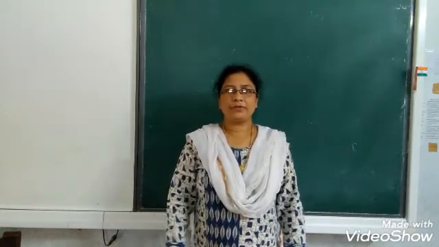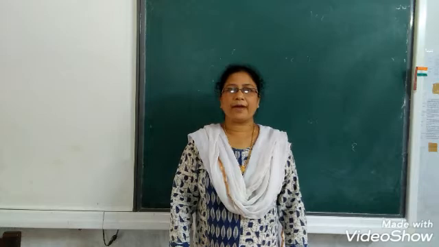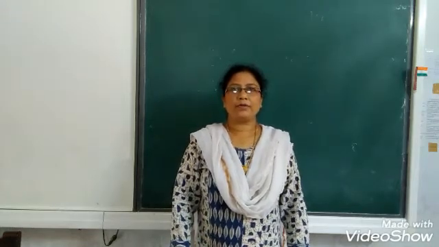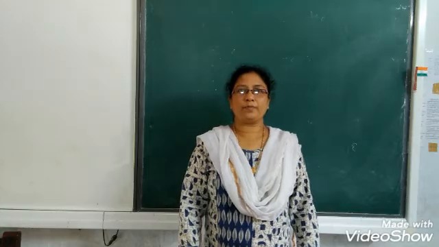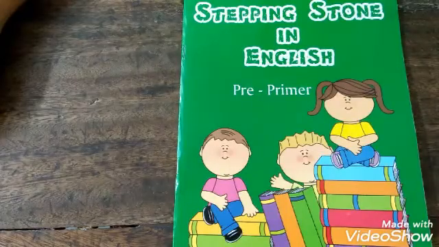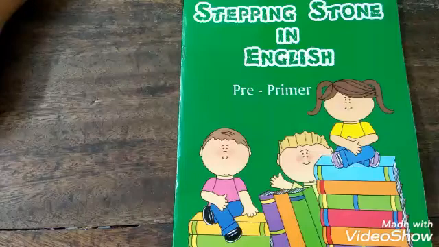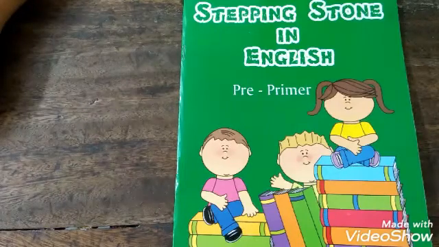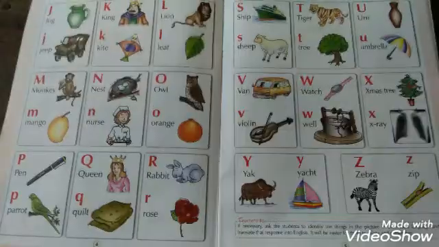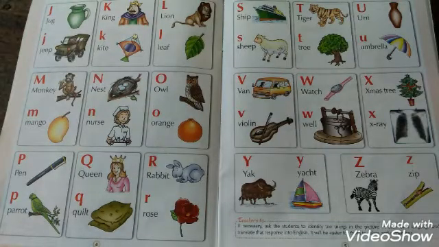Okay, children. So we have finished our English book, the first book, The Stepping Stone in English. So today we are going to revise from the beginning. So children, take out your Stepping Stone in English book. We will start from the vowels. Page 3, 4 and 5.